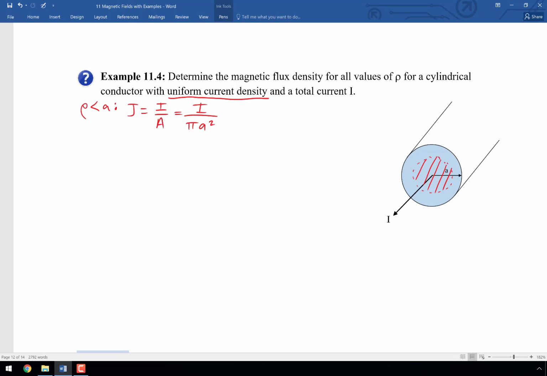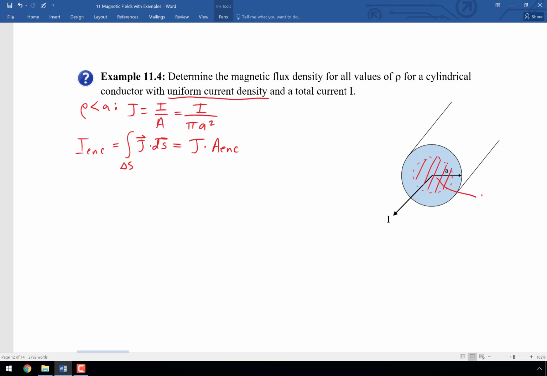I also know that I enclosed can be calculated as a surface integral. Don't worry, we're not actually going to need to do a surface integral. I just wanted to remind you that this is where it all comes from. In reality, this is equal to J times whatever the area enclosed within this surface is.